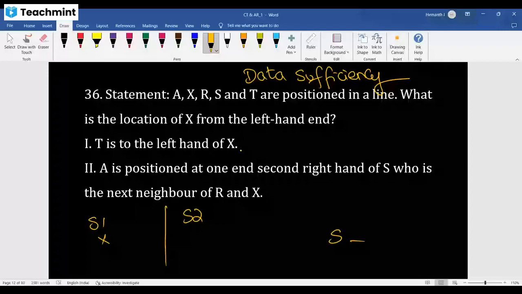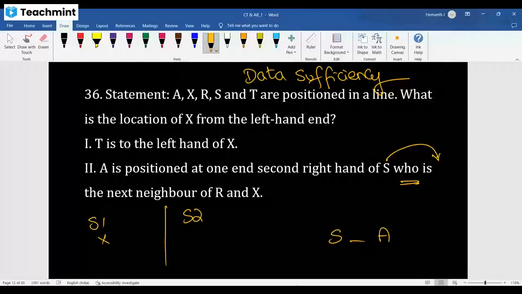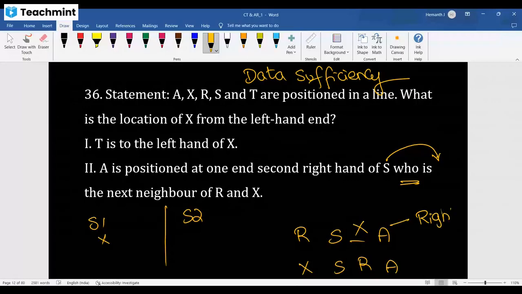S is the next neighbor of R and X. S is a neighbor of R and X. So there are two possibilities, R S X A or X S R A. And this is the right end.